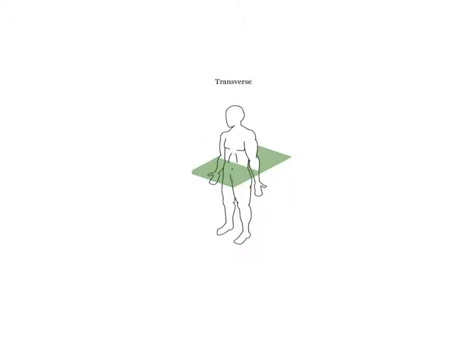Now, alongside the planes, we also have axes. So while we've got this image up, we'll talk about our first axis. The first axis we're going to talk about is the longitudinal axis. Now the longitudinal axis, we need to imagine that we have put a stick in our man here, and it runs right through the top of their head and right out the bottom.